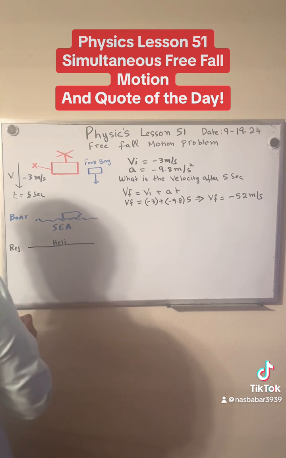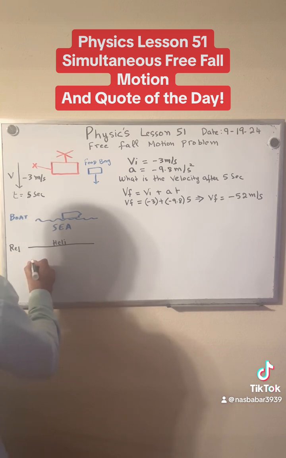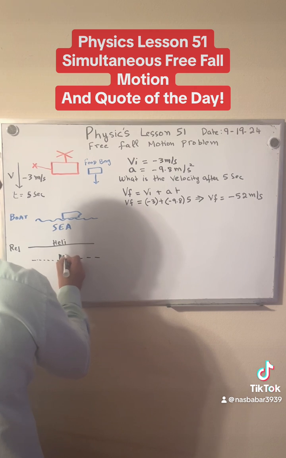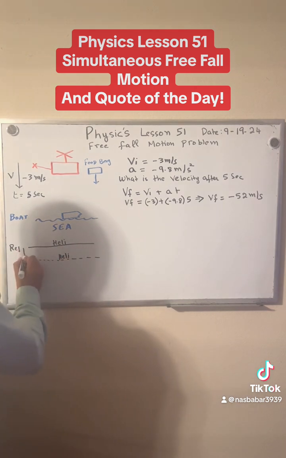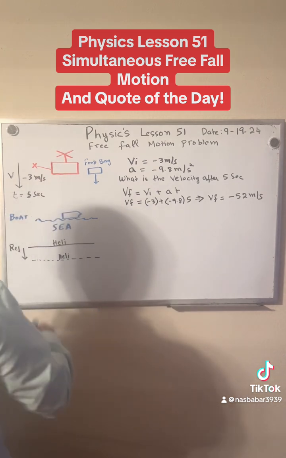So the heli is constantly coming down. Let's say this position is the heli as it's constantly coming down. I'll put an arrow right here, right? Then the food bag is also dropped.